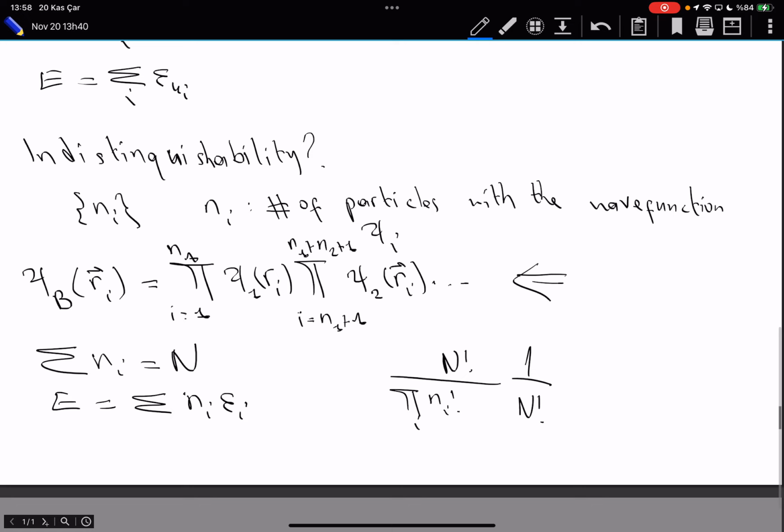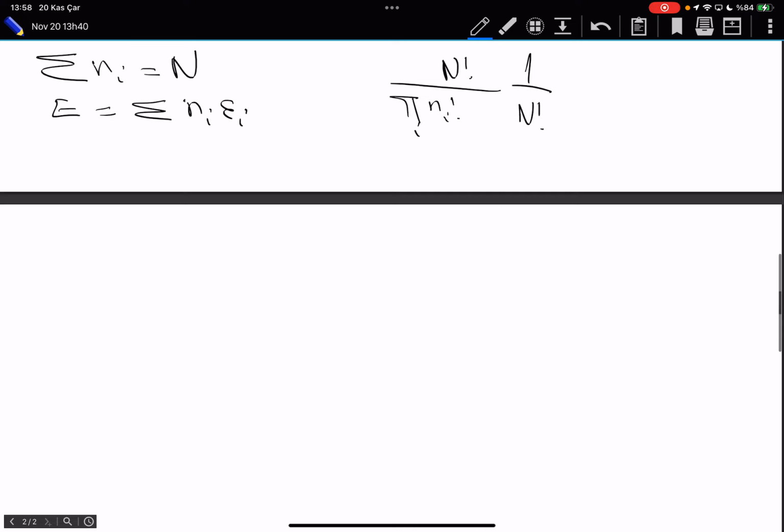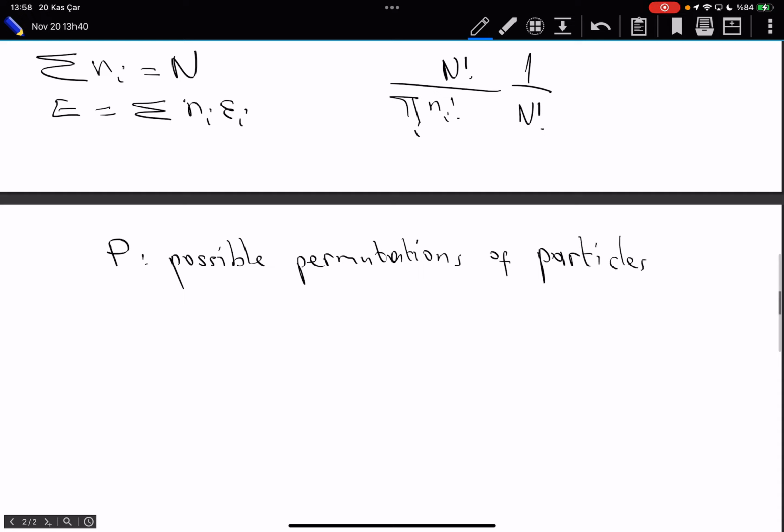Now, what does quantum mechanics tell us? Well, basically, quantum mechanics tells us that exchanging two identical particles shouldn't make any difference. So if I denote by P possible permutations of particles, any one of them, I have P psi of Ri.